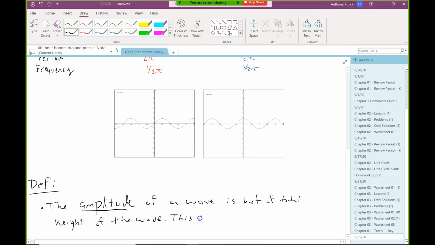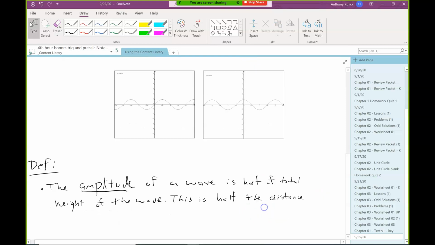This is half the distance between the maximum and minimum y values of the wave.